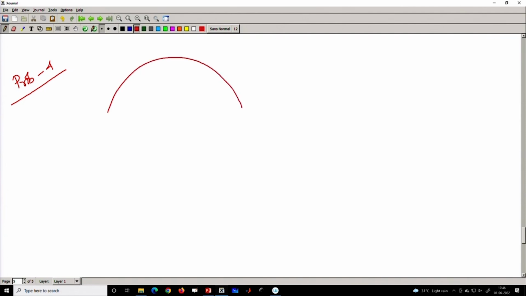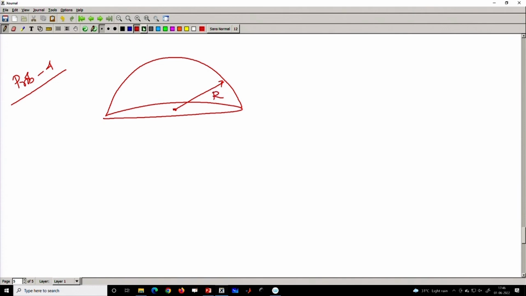I have a hemispherical bowl like this of radius r. So, we have a radius here and that value is r.